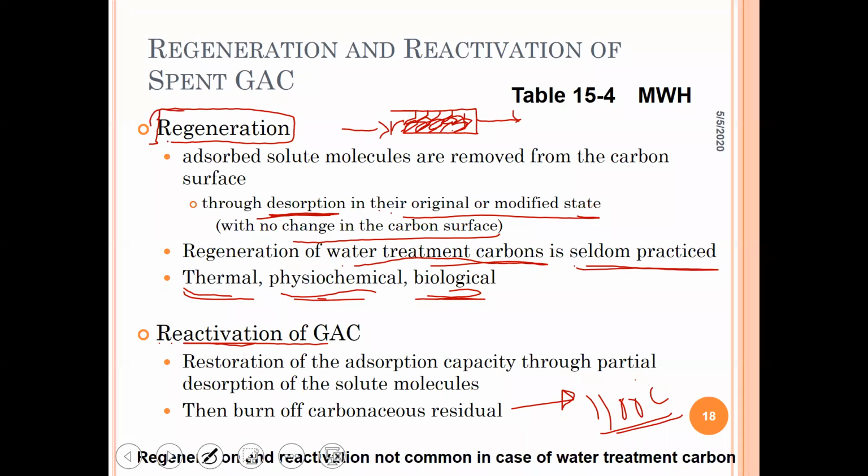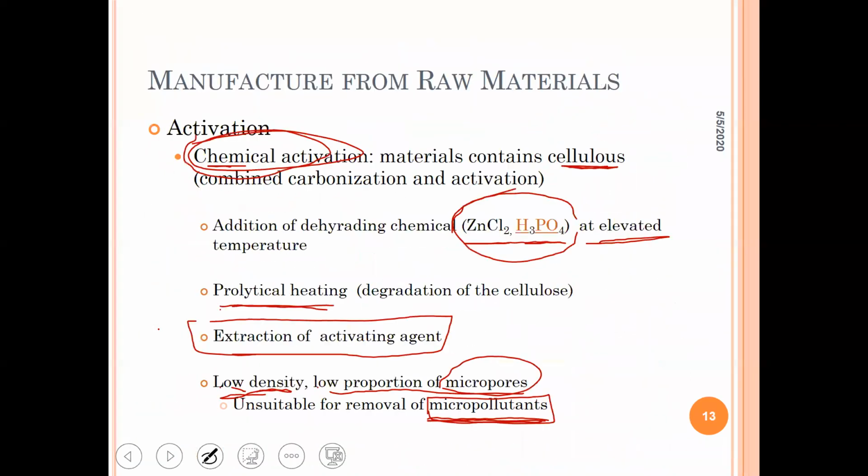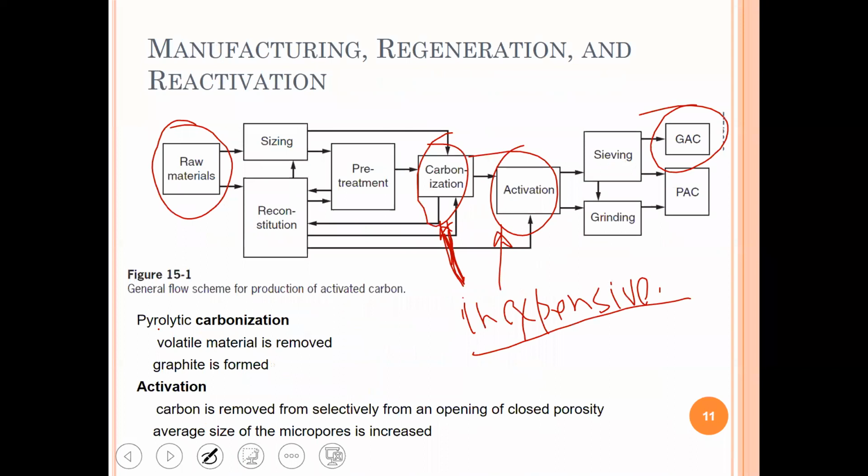Both regeneration and reactivation we usually don't do for water treatment carbon, because the raw material is originally very cheap, so overall the value is very low.